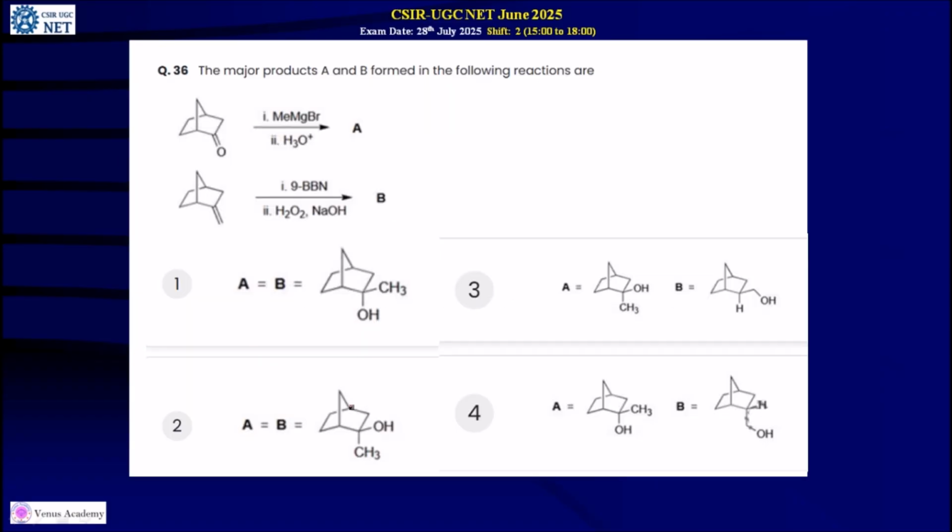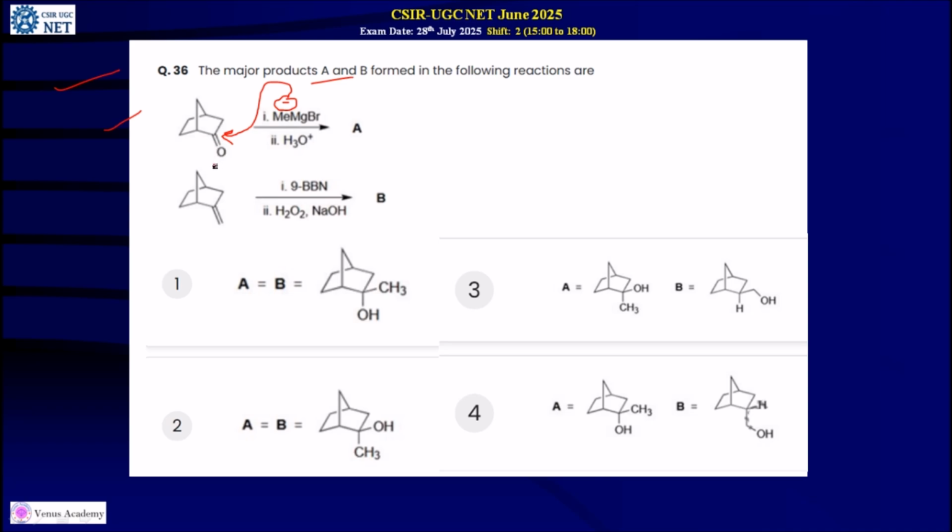Next, the major products A and B formed in the following reactions are: so what is the first reaction? Methyl magnesium bromide. So it is going to be a Grignard reaction. How is it going to form? See, this is the Grignard reagent. Methyl reagent is going to attack here. So directly acid hydrolysis, after hydrolysis it is going to give alcohol.